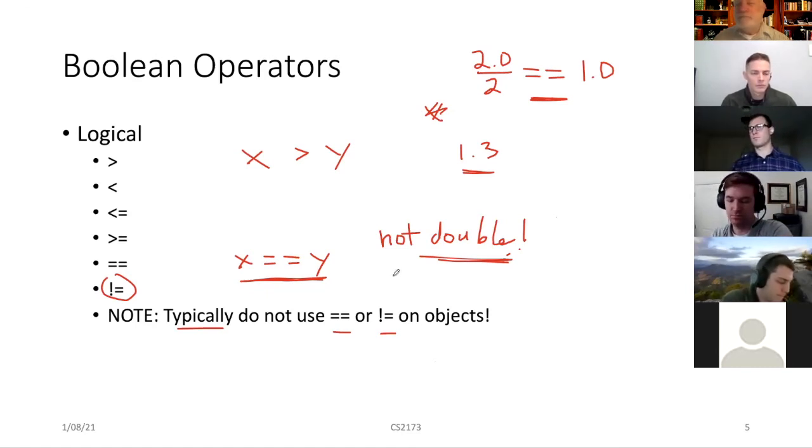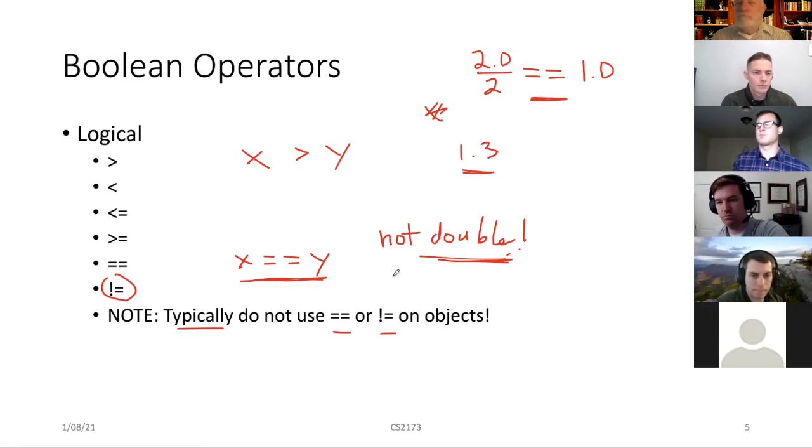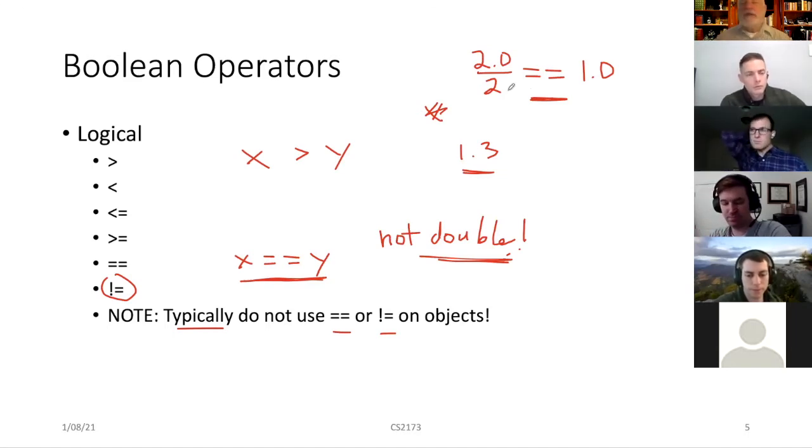I had a question for that example, the 2.0 over 2. Can you use a double divided by an integer, or do they both have to be of the same type? Great question. The answer is yes. I was planning on talking about that a little bit later, but we'll talk about it now.